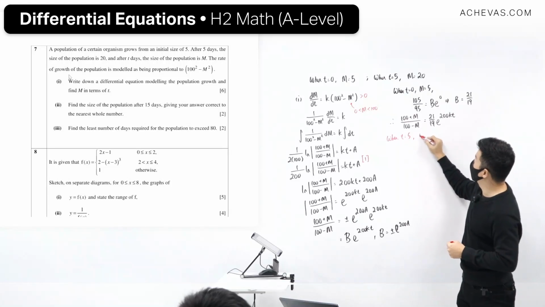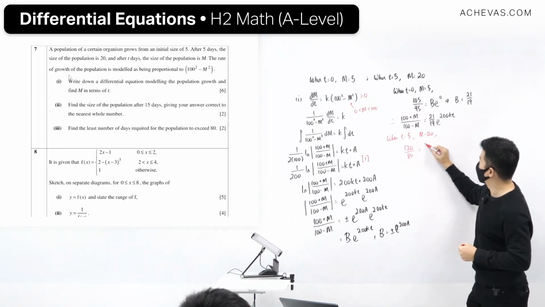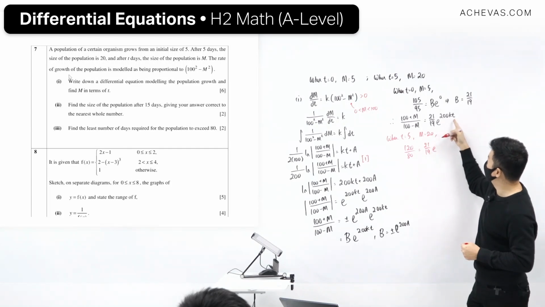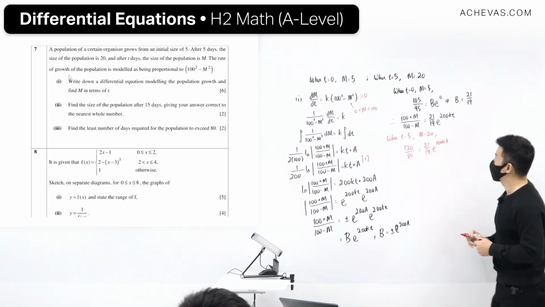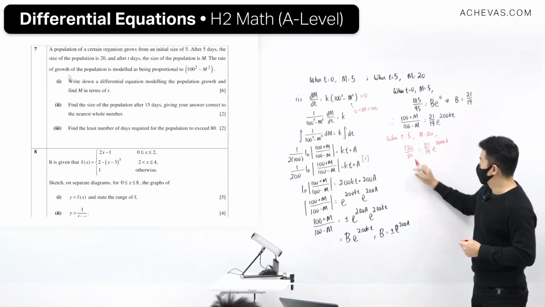So this is 5 and m is equal to 20. So we have 120 divided by 80, which is equal to 21 over 19, times e to the power of, substituting 5 in for t, 5 times 200, we have 1,000k. Okay, so I'm going to divide this across to the other side.